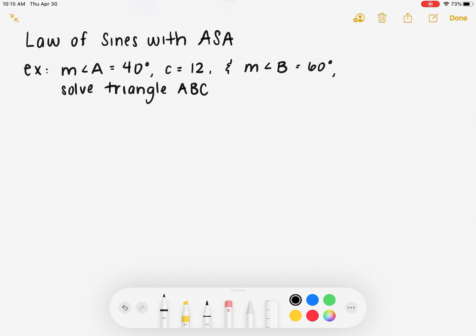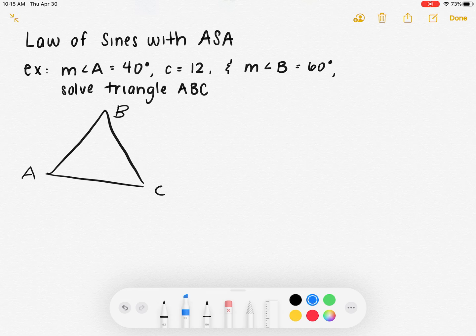So the first thing I want to do is draw myself a picture, because that, for me, just makes it a little bit easier to organize my work. So I normally just go around and say A, B, C, because that goes in order. They told me angle A was 40 degrees, so at angle A, I'm going to label that 40 degrees.